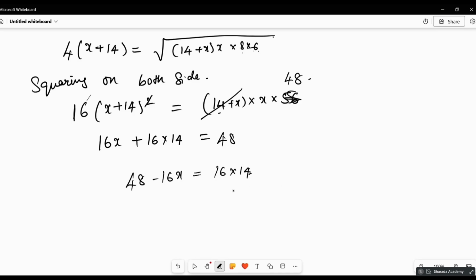I think x is equal to 7. Simplify and tell me the answer, how much you will get. 7 you will get, no?